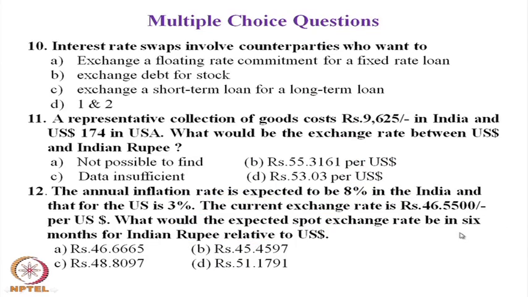So, what will be the annual depreciation? You have to calculate the annual depreciation, make it a half yearly depreciation, and that depreciation you have to add to 46.5500, that will be the new rupee rate.